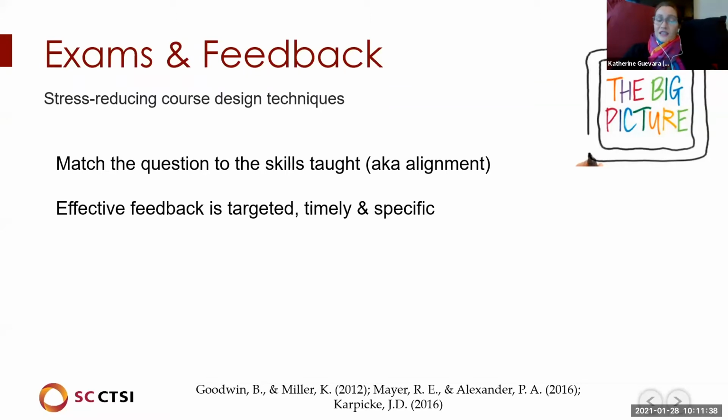And then when we give feedback, if we can only remember one kind for both, for students giving us feedback and for us to them, it's targeted, meaning that I'm focused on a few things, not everything. It's timely, it's happening as close to the event as possible, and it's specific, perhaps because you've used a rubric, for example. It's detailed.